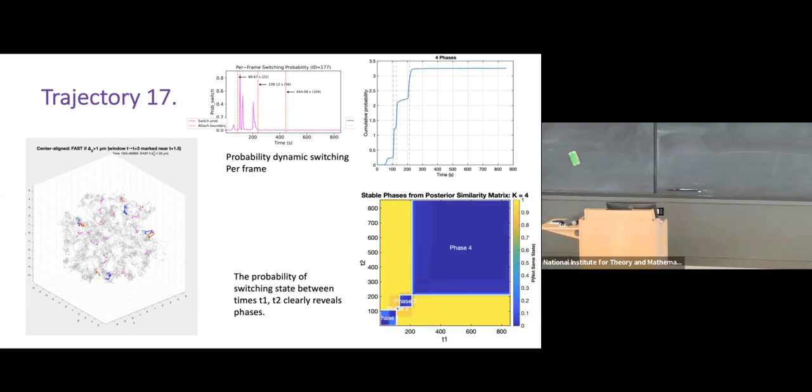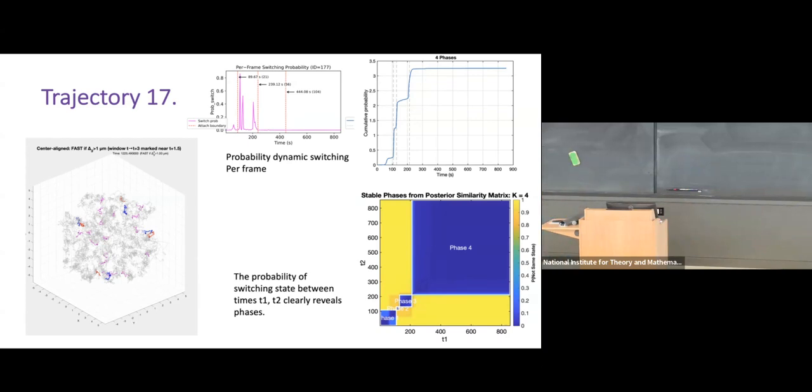But this is telling you that you've got phase 1 down here, a tiny phase 2 here as well, then phase 3, then phase 4. I'm calling them phases, not states, because states is stochastic, and there's a probability of getting down to 3 states or 4 states. But I want to pick out the dynamics of each phase.